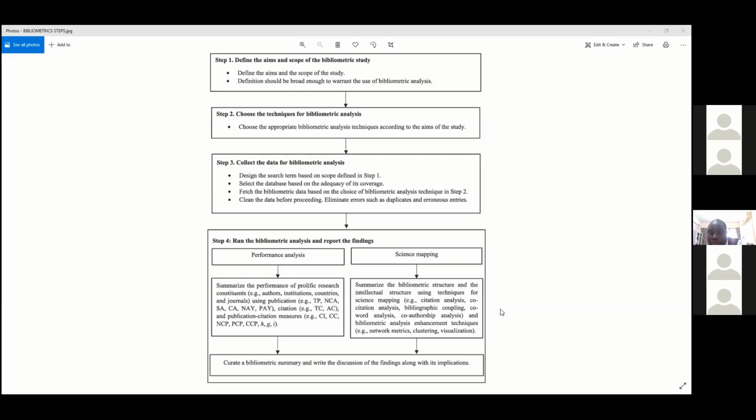So if you want to, for instance, do a bibliometric analysis of an individual over the past 6 months, you are likely not to see much information, or you're not likely to get any information. If you were to expand the scope over, let's say, a 10-year duration or a 5-year duration, you are more likely to get much more information than if you were to limit it to a week or a month.